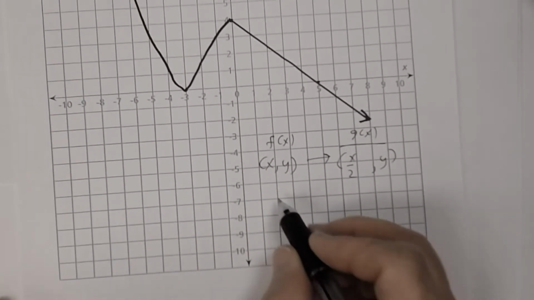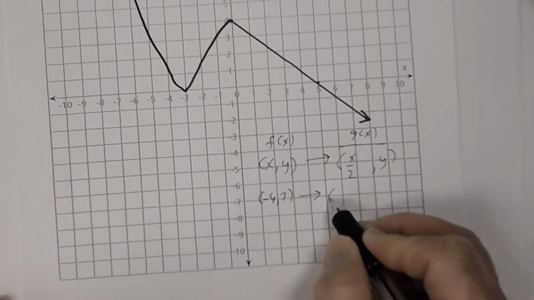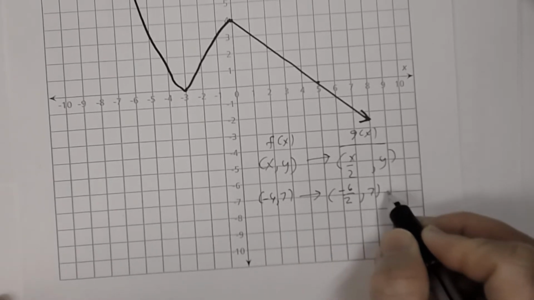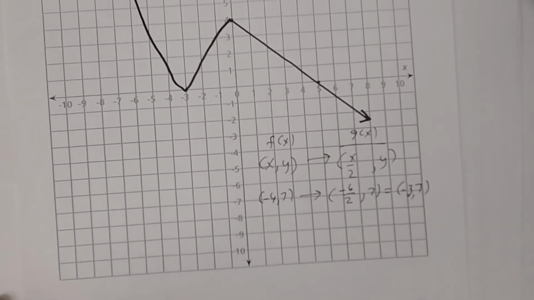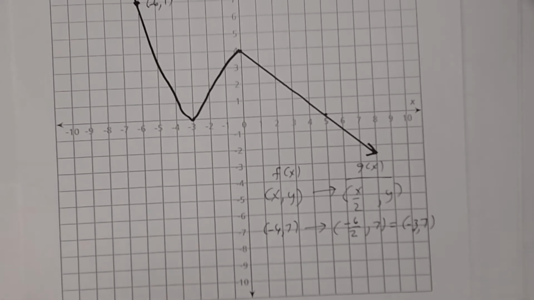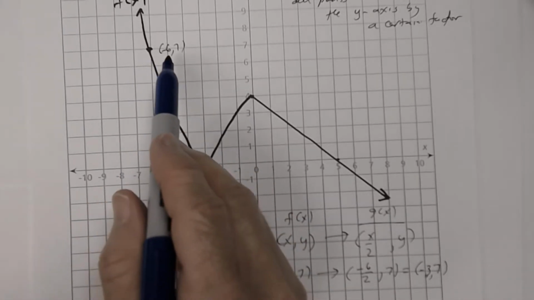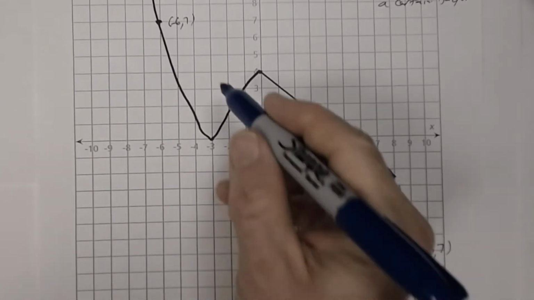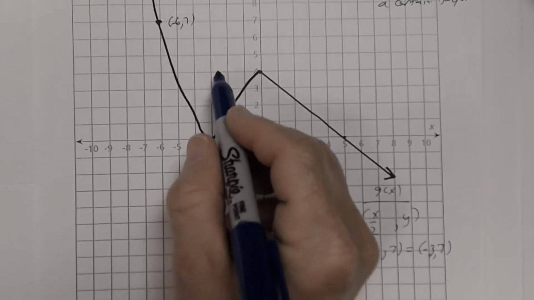So (-6, 7) becomes what point? I take negative 6 divided by 2, 7, which is equal to (-3, 7). So that's the point I plot. On g of x, the point (-6, 7) becomes (-3, 7). So (-3, 7) is right here.